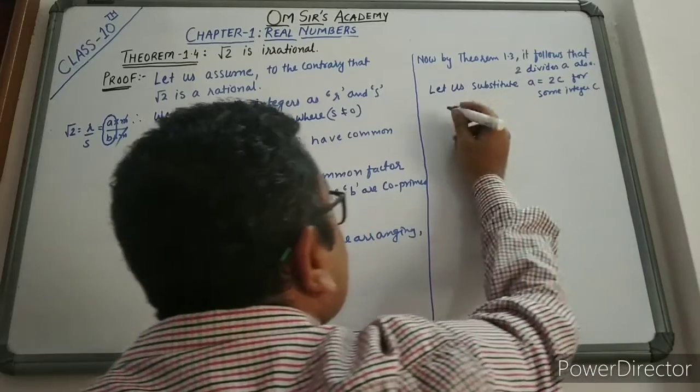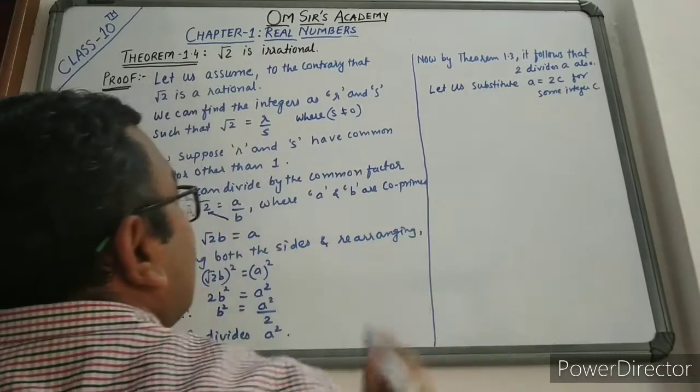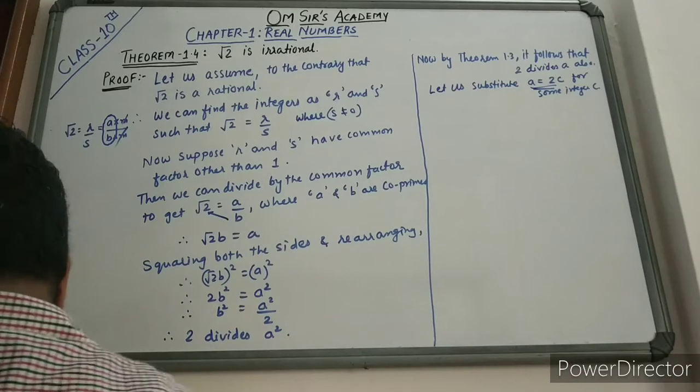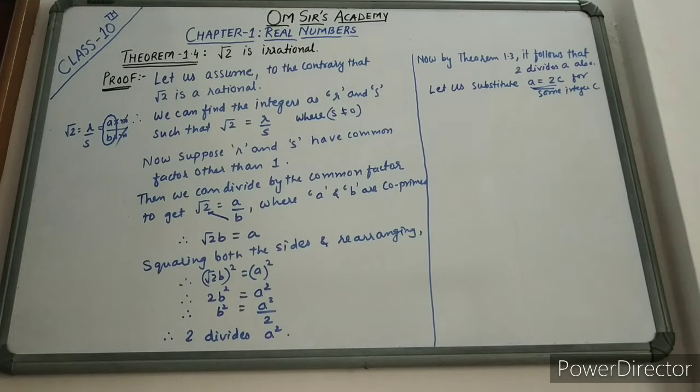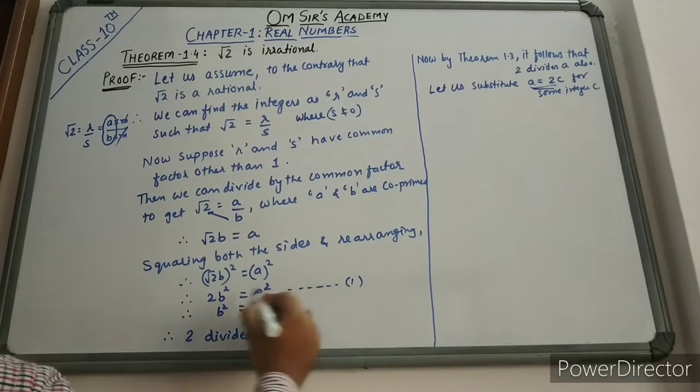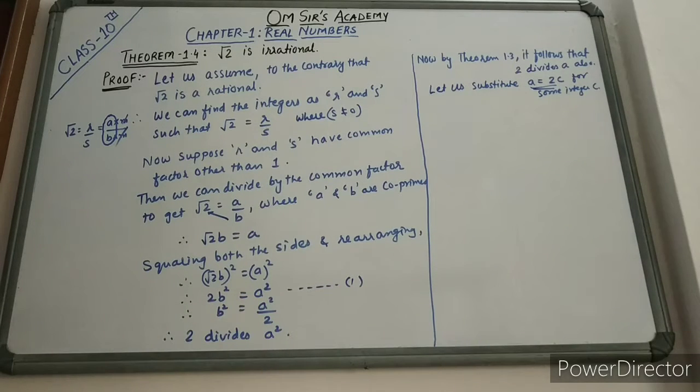Is it clear? So a equals 2c हो गया, हमने कुछ सब्स्टिट्यूट लिया. Now in this case, this was my first equation, say 2b square is equal to a square. Okay, this was my first equation.